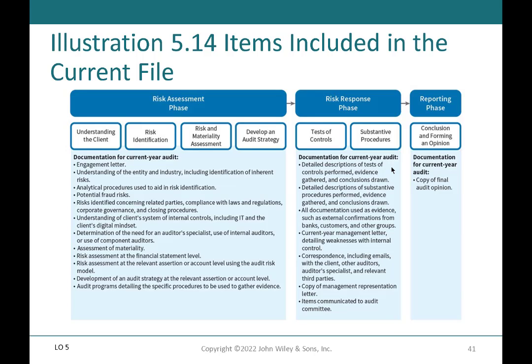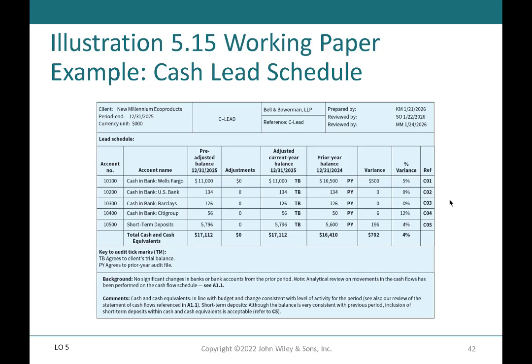We need to include that in our working papers in the current file. And then we could see during the reporting phase, the copy of the final audit report. This is also a key piece of information that we need to include in our current file for the particular year. Now, we're going to look a little bit at the detail of what we call lead schedules.